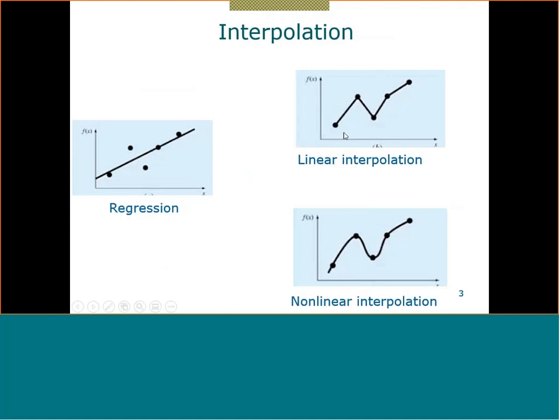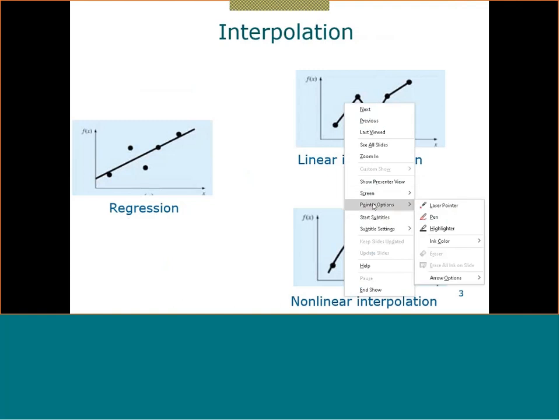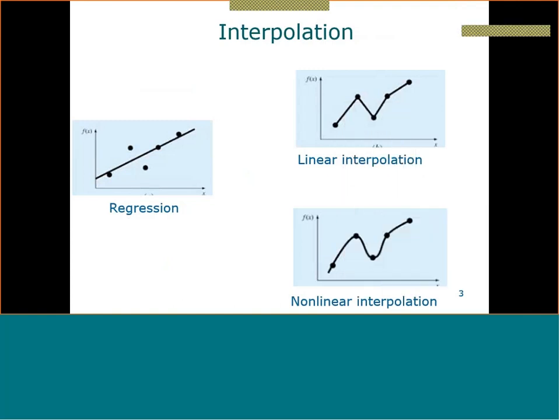Let me explain what I mean by this. So if you look here in regression, the function that defines the line from the starting point A to the end point B is clearly the same function. This is what we have. But here you see that a different function exists, let's say between A, B, C, D, and E. You have a function different than this, different than this, different than that.